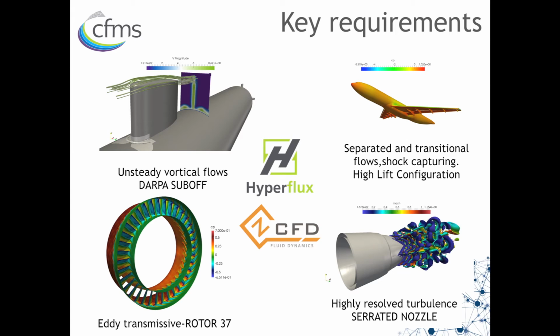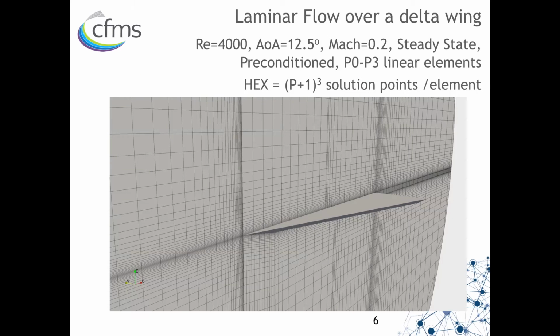And the HyperFast project comes to address some of the issues related to most engineering applications, such as unsteady vortical flows, highly separated and transitional flows, flows across sliding interfaces, and highly resolved turbulence for acoustic applications. One of the test cases that we looked at is the laminar flow over a delta wing at a Reynolds number of 4000.